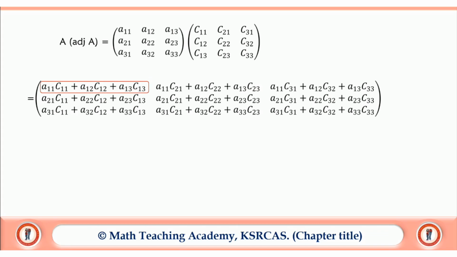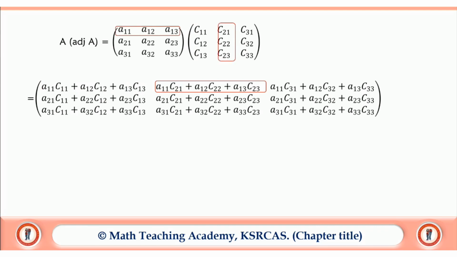So it comes from the multiplication of the first row and first column of the previous matrices. So A11 into C11 plus A12 into C12 plus A13 into C13. And this element is located in the first row and the second column, which comes from the product of first row and the second column.